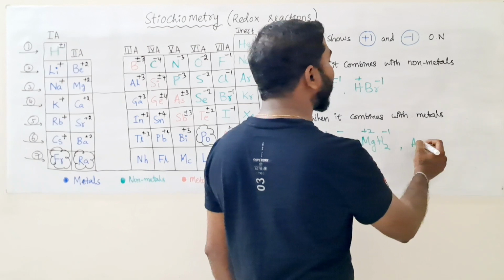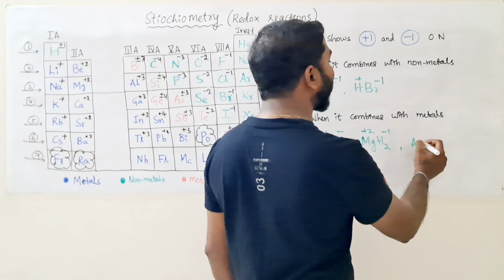Whenever these molecules are present as ligands, they contribute 0 oxidation number to the metal. I hope you understood. Since in metal carbonyls we have only the metal attached to the carbonyl group, the oxidation number of the metal in metal carbonyls we can directly take as 0.